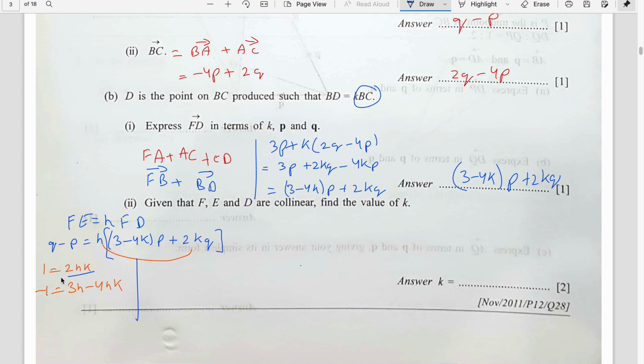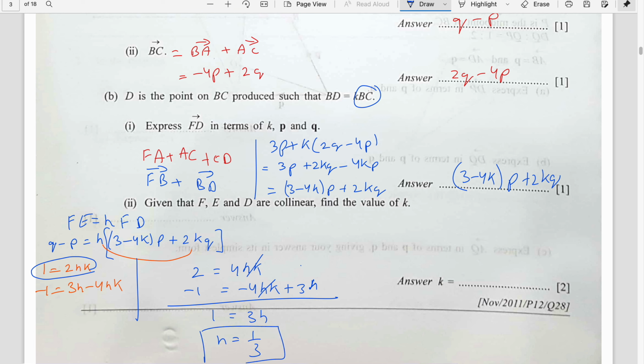I'm multiplying the first equation with 2. It becomes 2 is equal to 4HK, and I rewrite the second equation as it is: minus 1 is equal to minus 4HK plus 3H. Just add them, so we get rid of this. This is 1 is equal to 3H, so H is equal to 1 by 3. When H is 1 by 3, 1 equals 2HK, 1 equals 2 into 1 by 3 K, so 3 by 2 is equal to K.